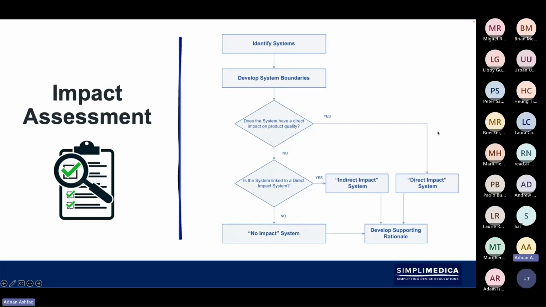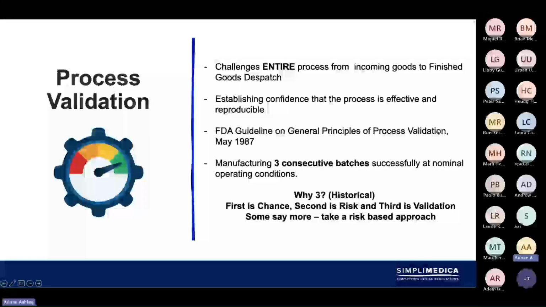So when we're looking at process validation, we talked about process validation in the last session. For those who had joined the last session, you're looking at the entire process from incoming goods to finished goods. You're looking at establishing confidence that the process is effective and reproducible. You're also looking at making sure that you're following guidelines, such as the FDA principles.